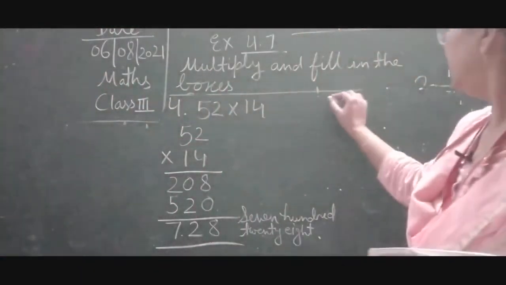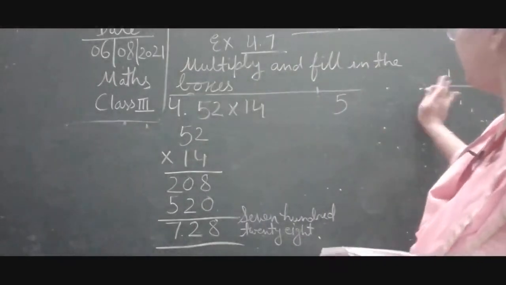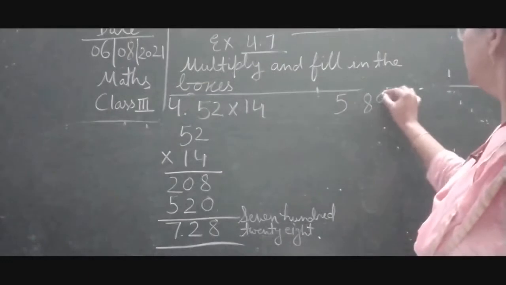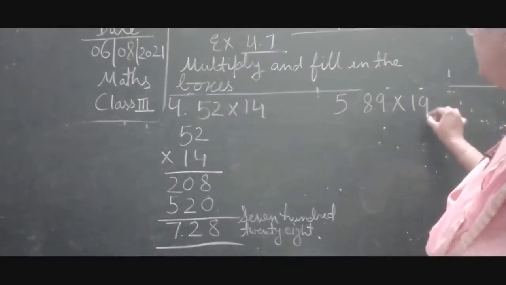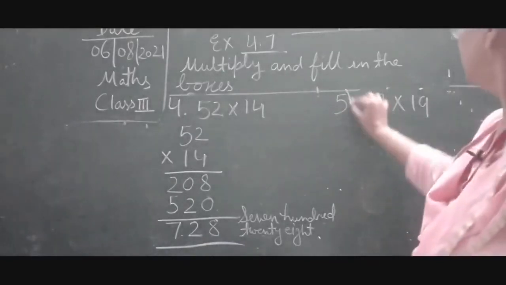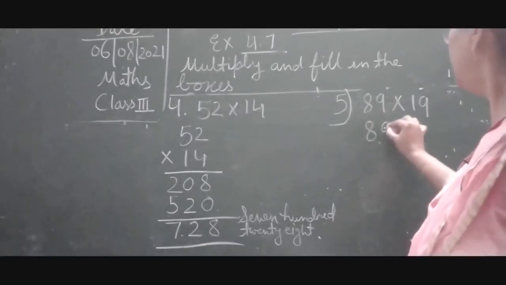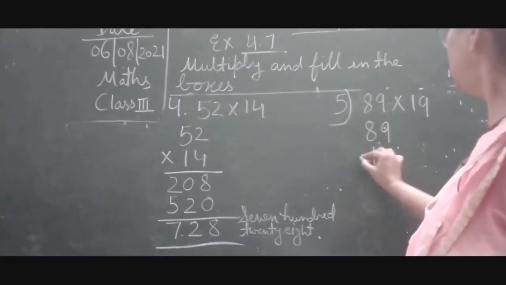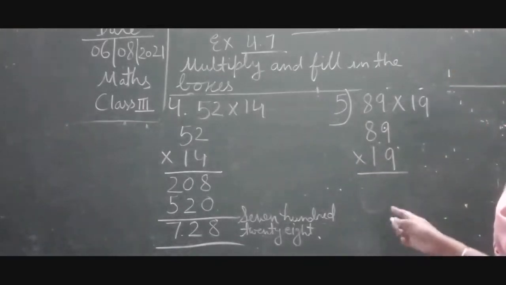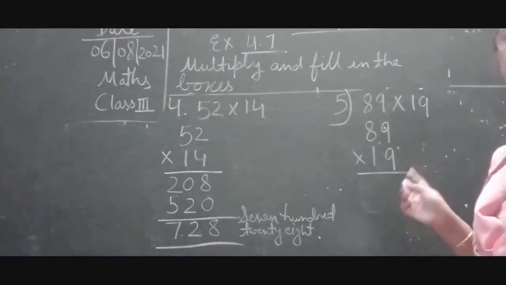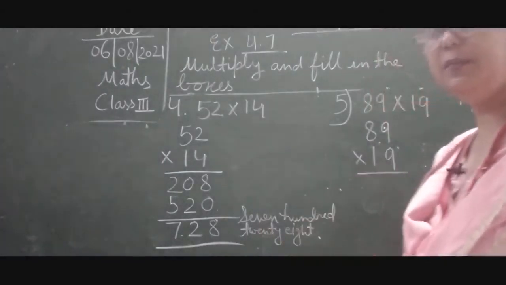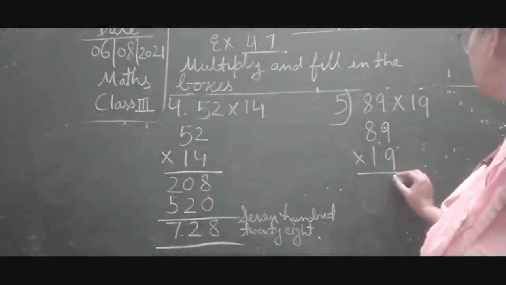Now number 5 we are going to do over here. Number 5 is 89 multiply by 19. Okay, so here, children, we are going to start 89 multiply by 19. So here 9 9s, if we say the table of 9, 9 times 9 we get 81.